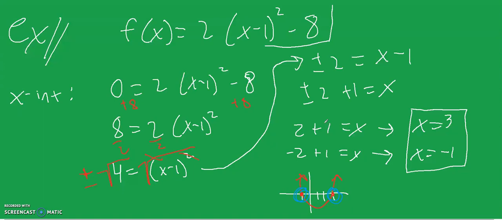For this particular example, it's a little bit more difficult because it's not in that form of ax squared plus bx plus c. It's in standard form, which makes it kind of easy to do the square root method, but it really depends on what you're looking at.